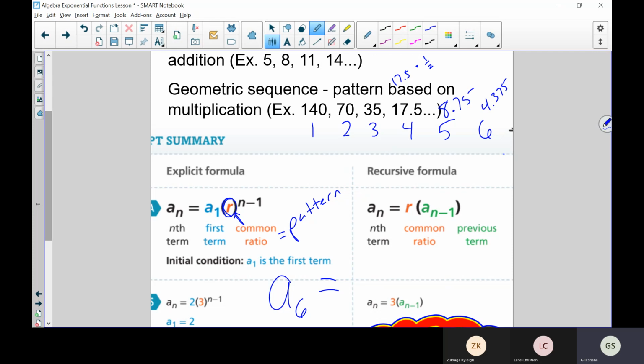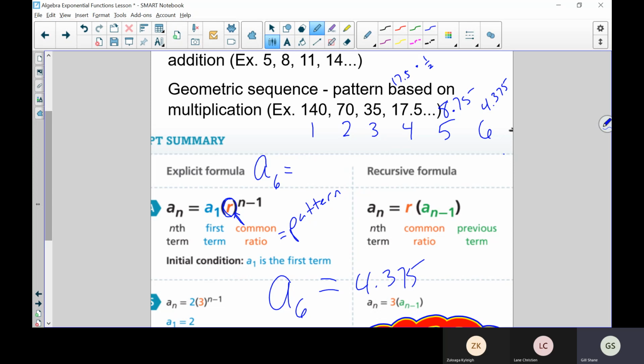There we go. So now that is the sixth term. But watch this. I could have just plugged it all in this formula too. A sub 6, what would it equal if I used the formula? First term, right? I just look at the formula.